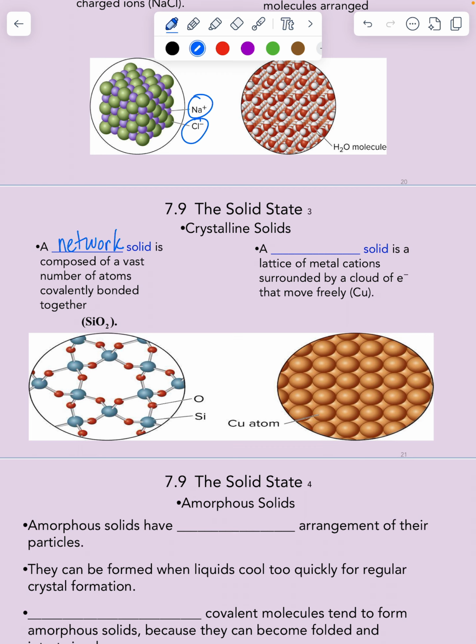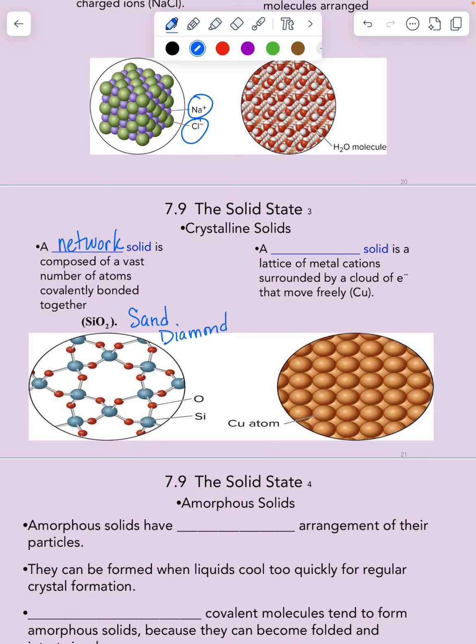And so instead of just having intermolecular attractions, like in the picture of the water molecules, these are actually held together with bonds. Another example of this is a diamond. A diamond is made of carbon atoms. It's all carbon atoms. And the carbon atoms are held together with covalent bonds. Very, very strong solid. Very difficult to break.